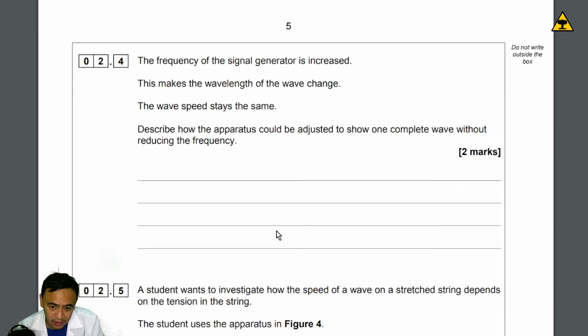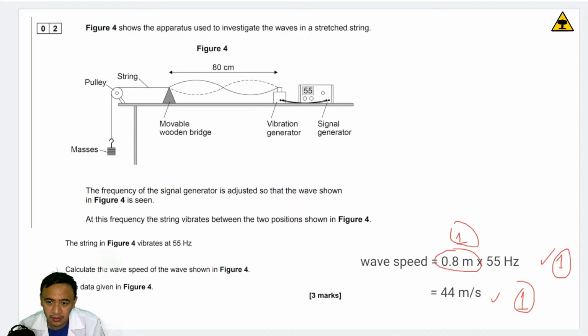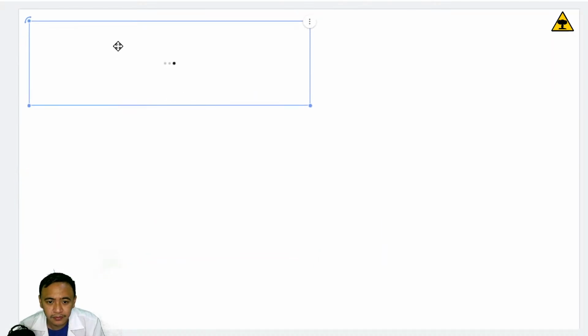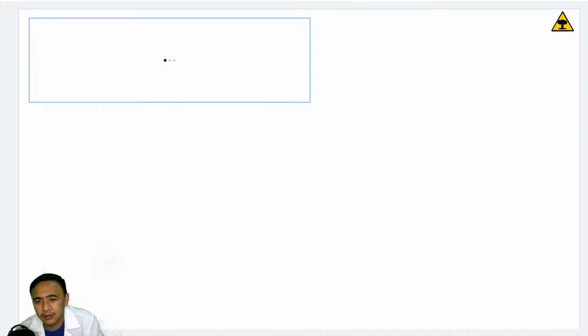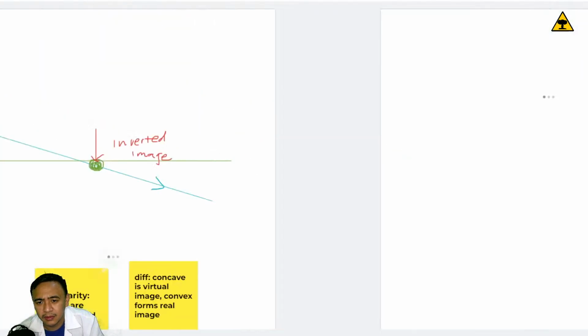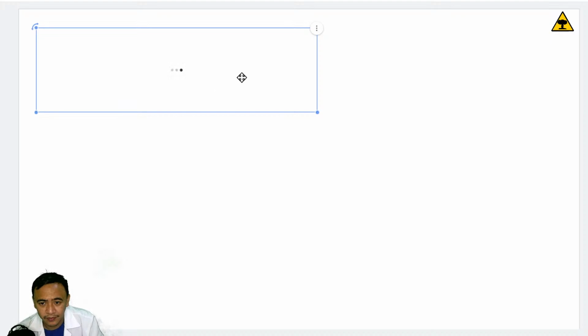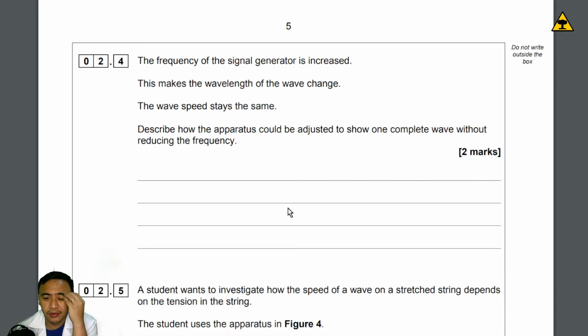Okay. So in this case now, the frequency of the signal generator is increased, but the wave speed stays the same.